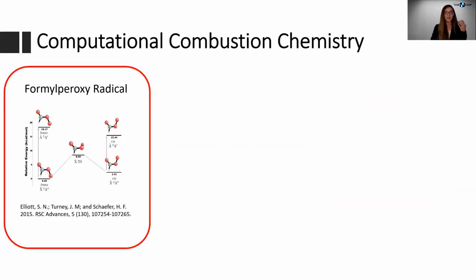So that's kind of the background on computational chemistry. And I just kind of want to tell you the sorts of results we can get with it by talking about some projects I did at Georgia on the formal peroxy radical, which is an atmospheric molecule. We were able to sort out experimental discrepancies and frequencies using computational chemistry.